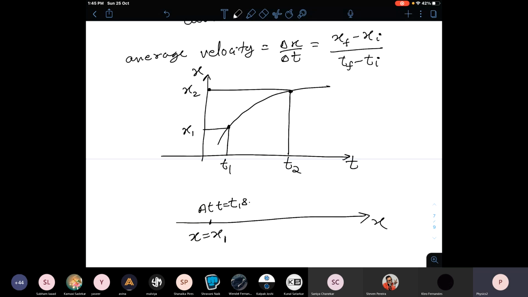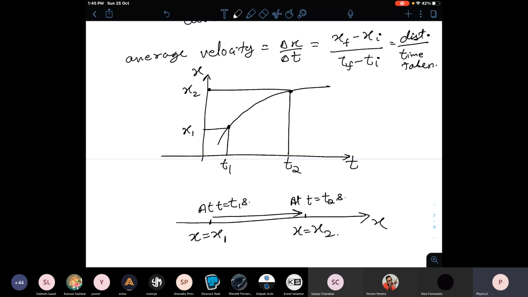At t equal to t2 seconds, the particle is at x equal to x2 meters. If you want to find the average velocity, it is displacement upon time taken. This is the basic formula of velocity: velocity is equal to distance upon time.